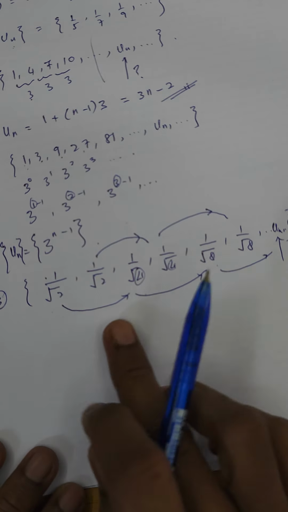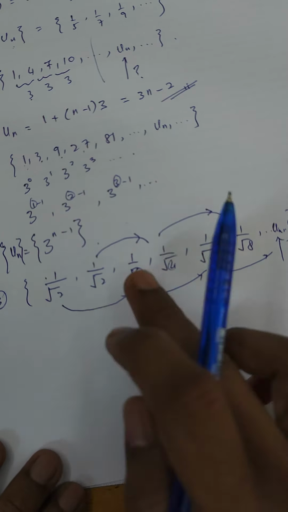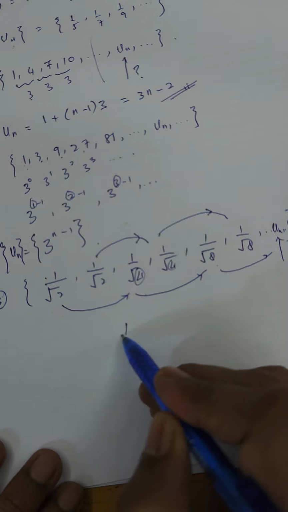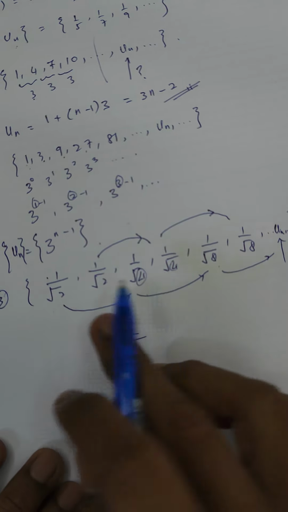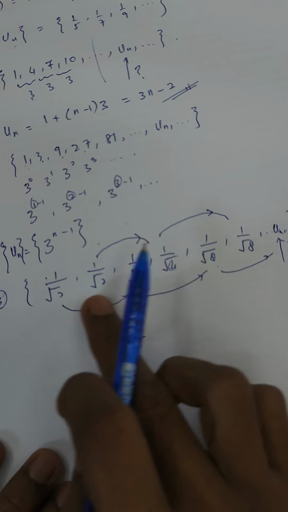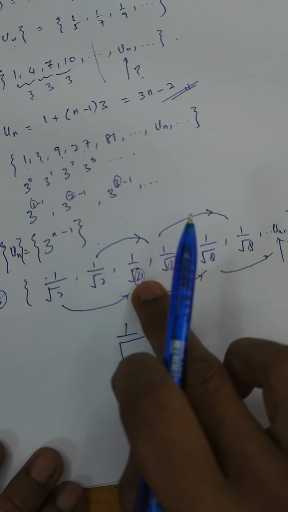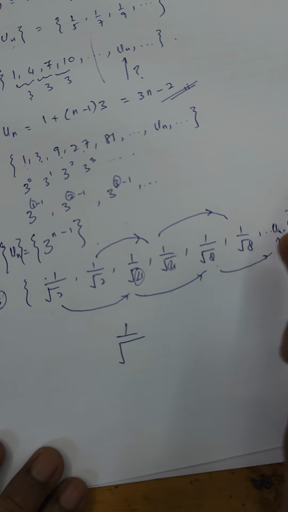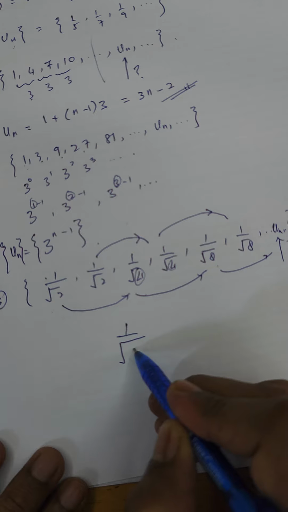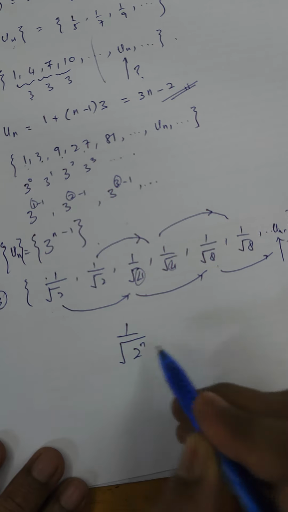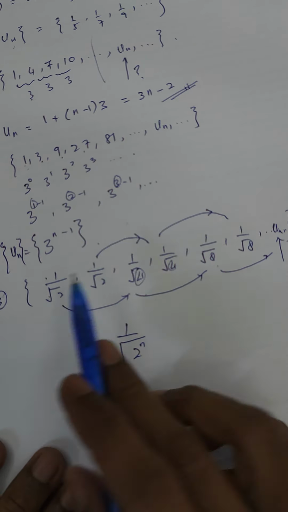Okay, so for this case, of course, the general part is we have 1 over z, and then inside there, this is 2 to the power of 1, 2 to the power of 2, 2 to the power of 3, and so on. So basically we have 2 to the power of n, but this is for the first term.